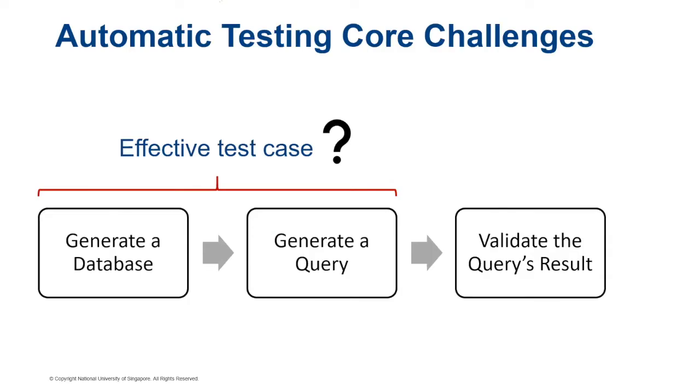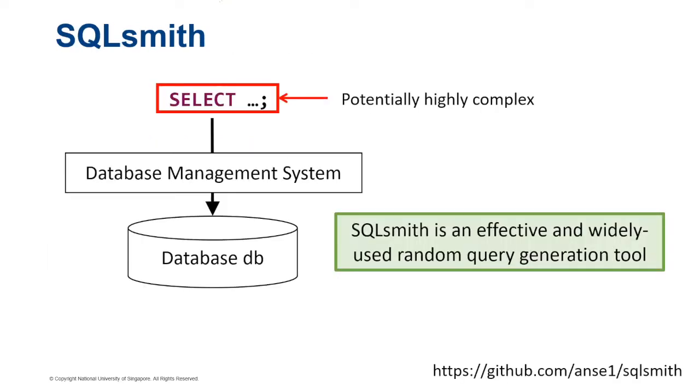Well, if we want to do this, we need to look at two challenges. First is that we need an effective test case. In our case, this might be a database, some kind of state, and then the query that we want to validate. If you look at what's already out there, one of the approaches and tools, which is very popular and also highly effective, is SQLsmith.